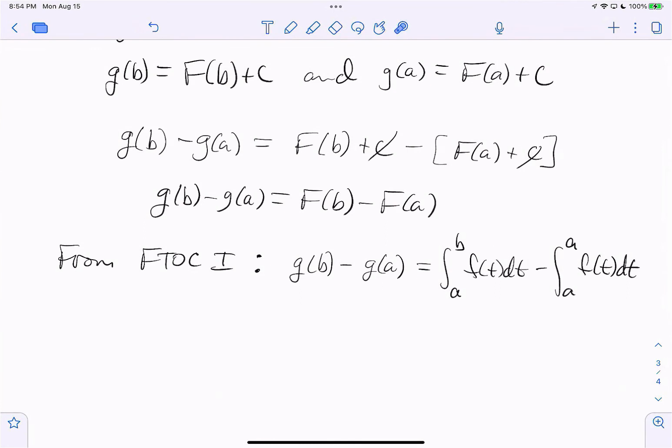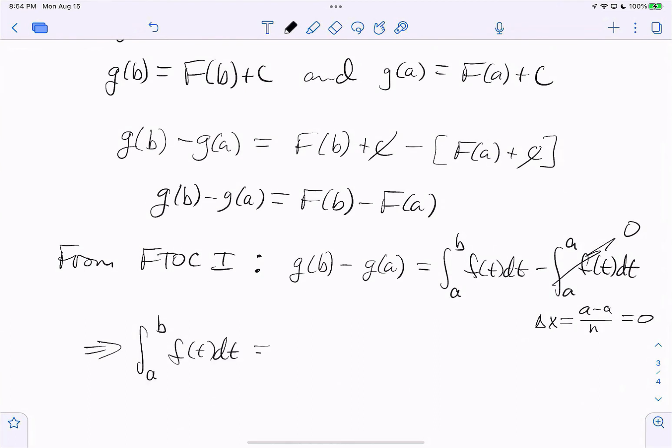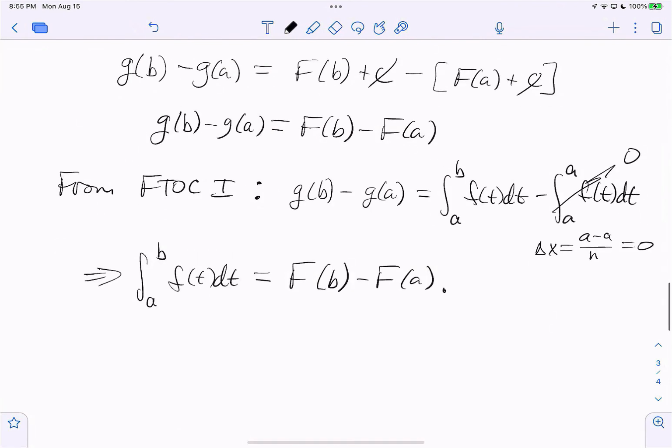And an integral that goes from a to a is going to evaluate to 0 because delta x would be a minus a over n, right? And that's going to equal 0. So flipping things around and making a substitution here, the integral from a to b of f of t dt, lowercase f, is equal to uppercase F of b minus uppercase F of a. That finishes the proof.